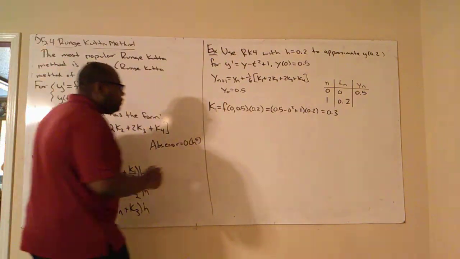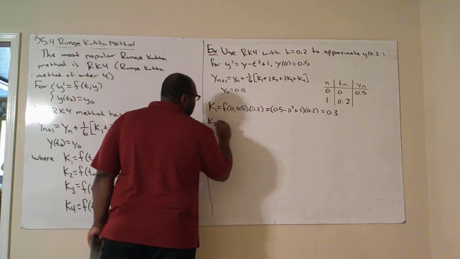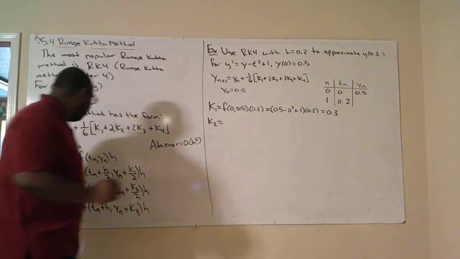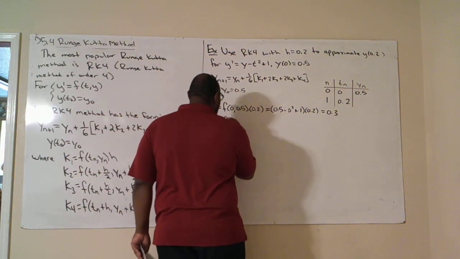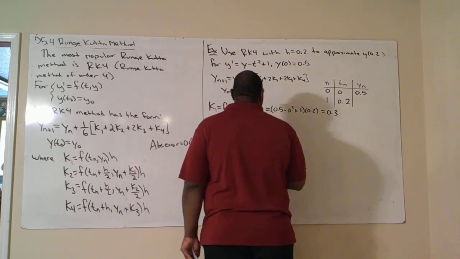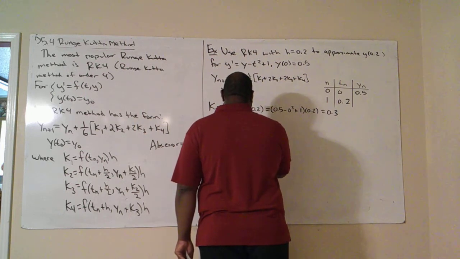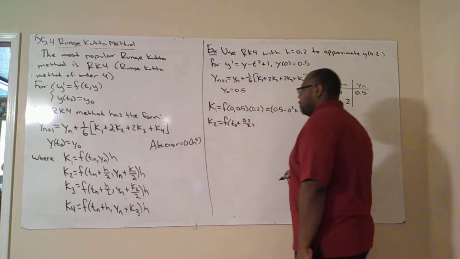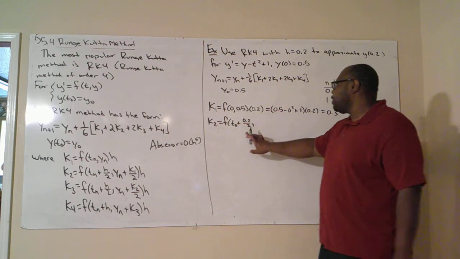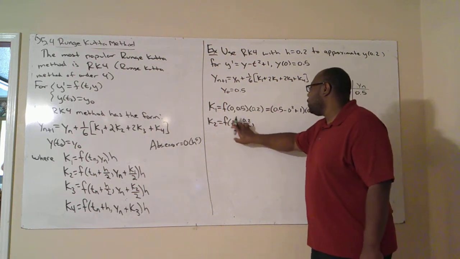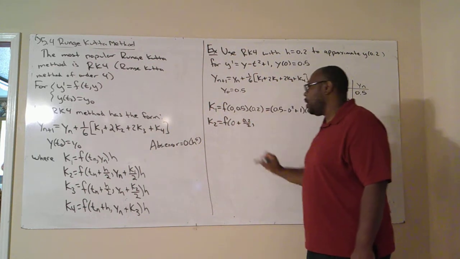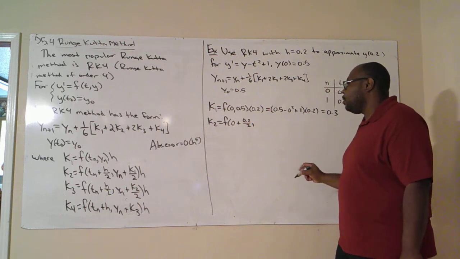Sorry, K2 is going to be f of t0 plus h divided by 2, so it's going to be 0.2 divided by 2, comma, y sub 0. Let's put in what t0 is: t0 is 0.